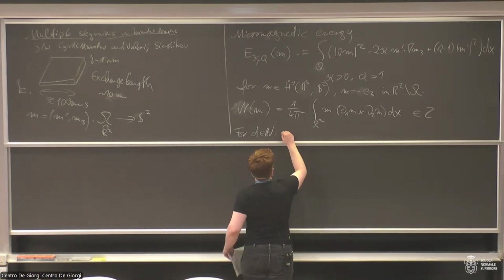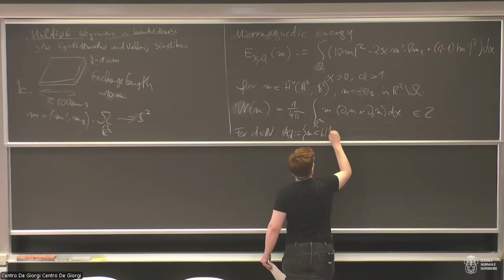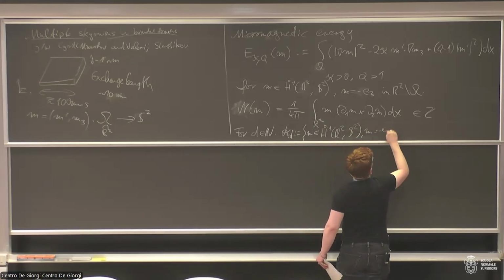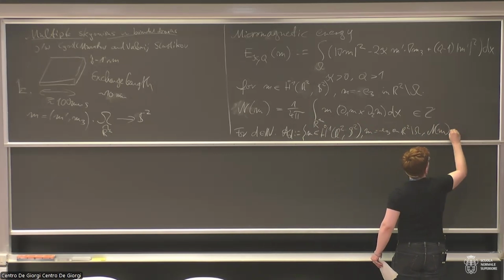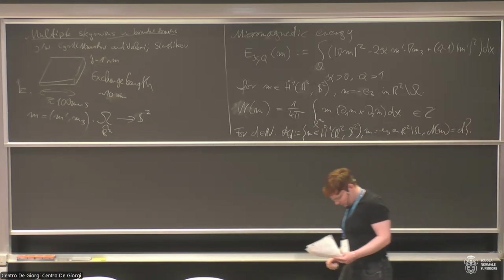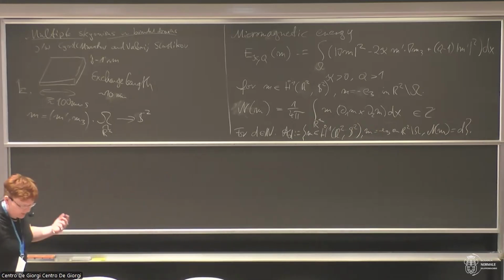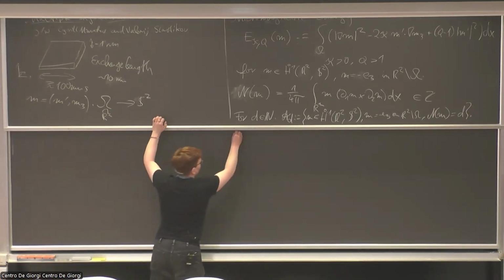For d in N, we define the admissible class A_d as the magnetizations m, H1 homogeneous, R2 values in S2, m equal minus e3 on R2 without omega, and now the degree of m should be d. And we're going to ask ourselves, what can we say about minimizers in this setting?